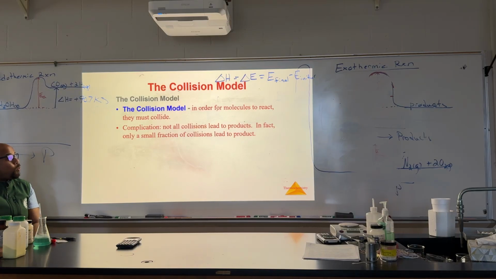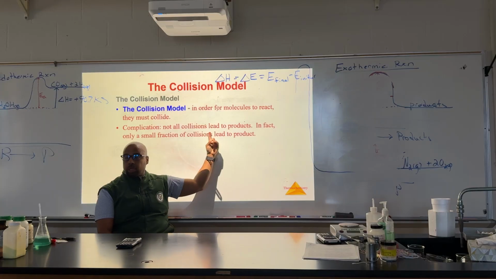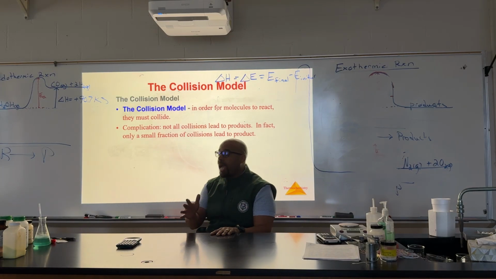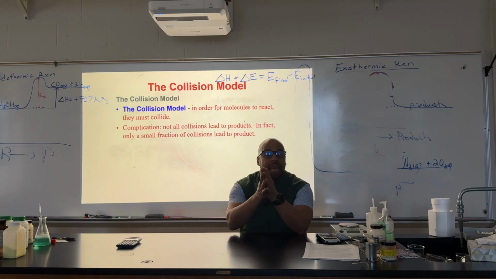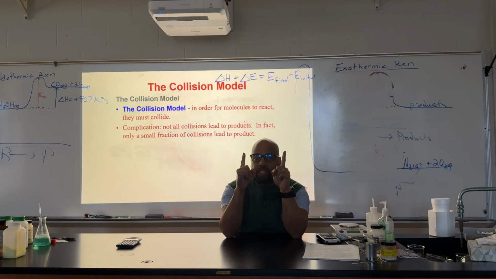Now, one of the things that we just saw is that not every collision is going to lead us to the actual products. Instead, what I need is a collision that has at least the minimum amount of energy, that activation energy. So that's one criterion.